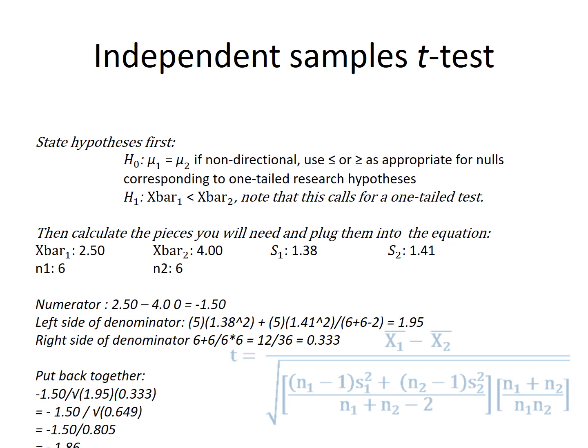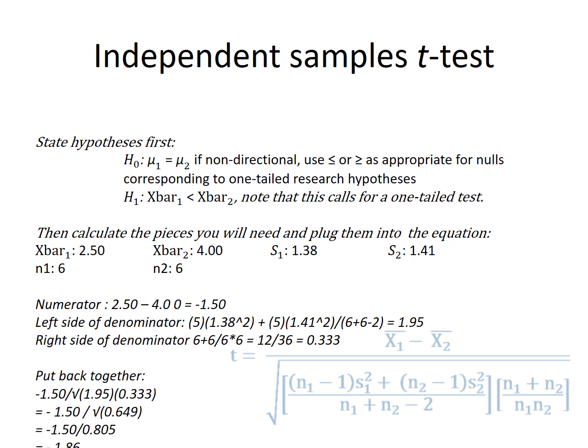Then let's look at the components of our denominator. I'm going to start with the left side under the square root sign in the denominator. I need the sample size minus 1 for group 1, which is 6 minus 1, or 5, and I want to multiply it by the variance, which is 1.38 squared. I'm then going to add that to the degrees of freedom in the second group, that is the sample size minus 1, or 6 minus 1, which is equal to 5, times the 1.41 squared.